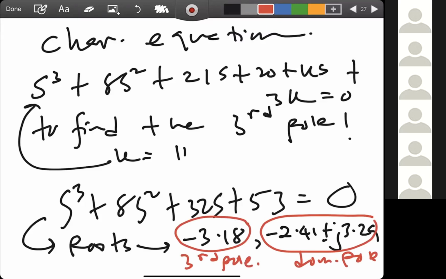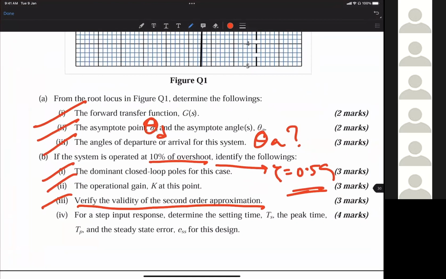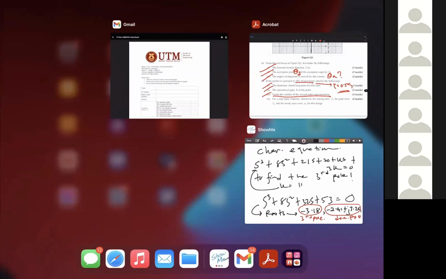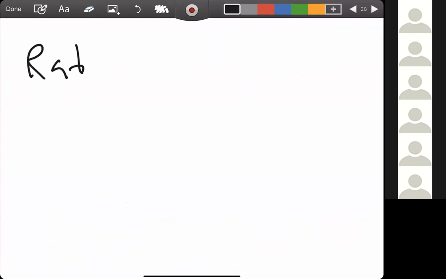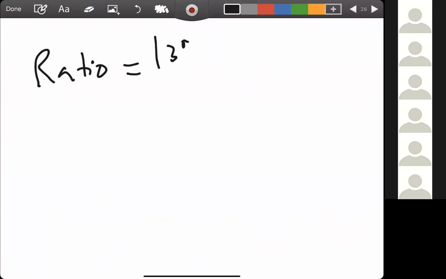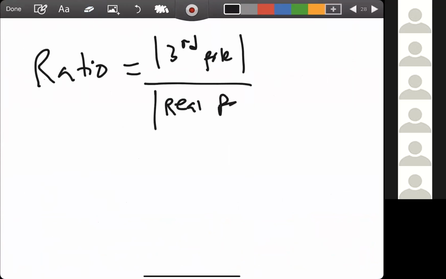This is the dominant pole, and this one is the third pole. So how do we do the validation of the second order approximation? We have to find the ratio, which is the third pole divided by the real part of the dominant pole.